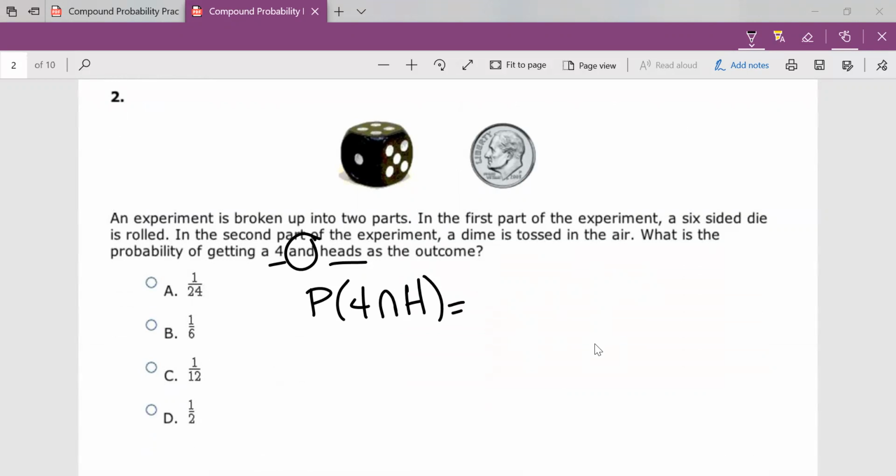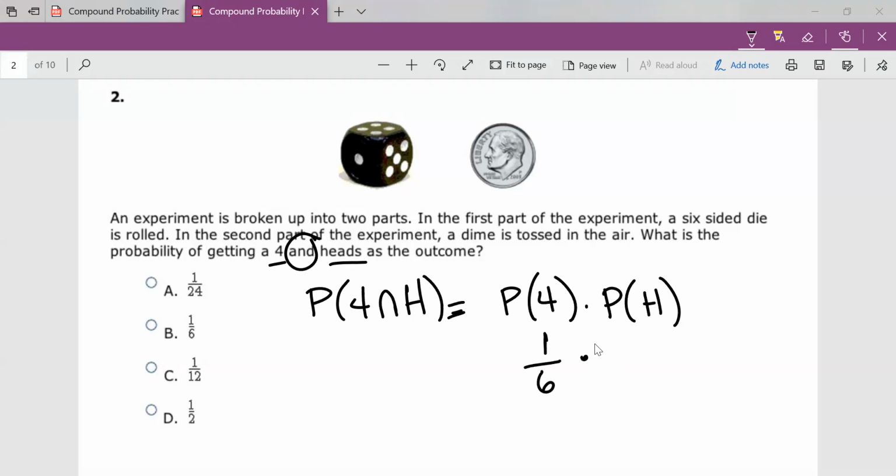So because they're independent events from one another, we're just going to multiply the probability of the 4 times the probability of getting the heads. Let's think about that. How many 4s are on a die? Well, there's only 1. And then there's 6 possible total numbers you could get when you roll a die. So 1 out of 6.